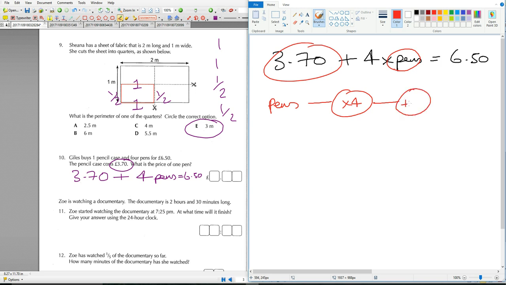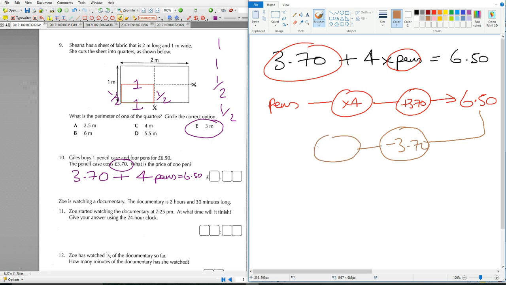So we're setting up a function machine, and then our answer is £6.50. In order to solve this equation, we have to reverse the function machine, go backwards. The opposite of adding 3.70 is minusing 3.70, and the opposite of timesing by 4 is dividing by 4, and that should give us our answer for the cost of the pen.